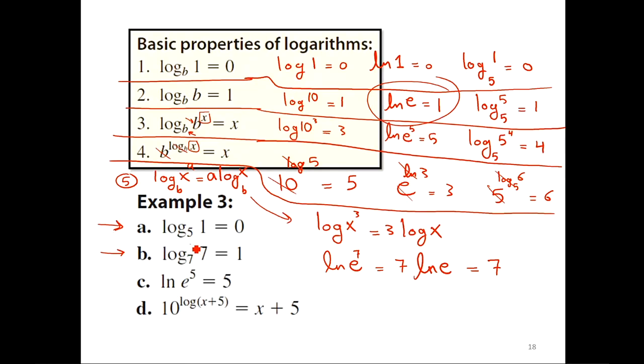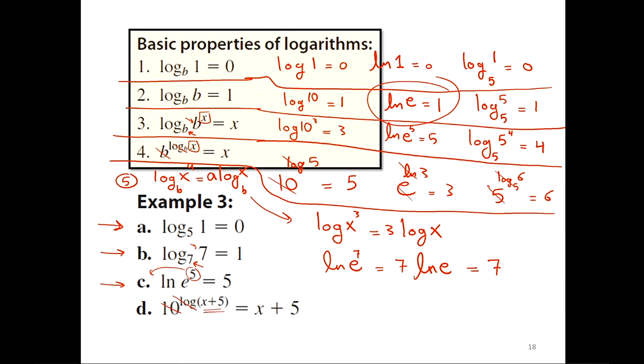If the argument and the base are equal, the logarithm equals 1. If we have a power, we can put it outside. ln e equals 1, 5 multiplied by 1 equals 5. Also, if we have log base 10 of 10 to the power x plus 5, we can remove the 10 with the logarithm, so we have x plus 5.